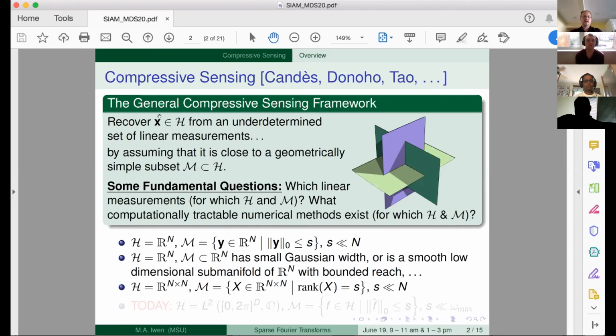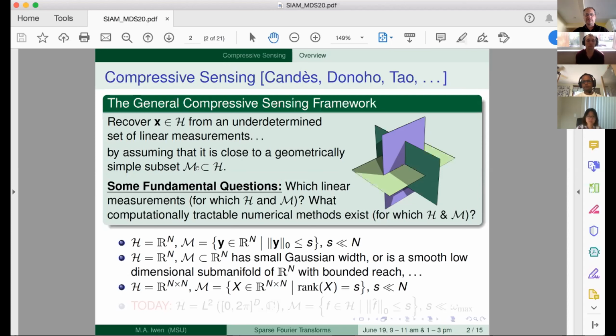So just a rapid review of the compressive sensing framework. Compressive sensing effectively deals with recovering an element X from a Hilbert space H using a severely underdetermined set of linear measurements. The way you compensate for the underdetermined nature of your measurements is by assuming that the element X you're trying to recover is close to some geometrically simple subset M. You can call it a model.